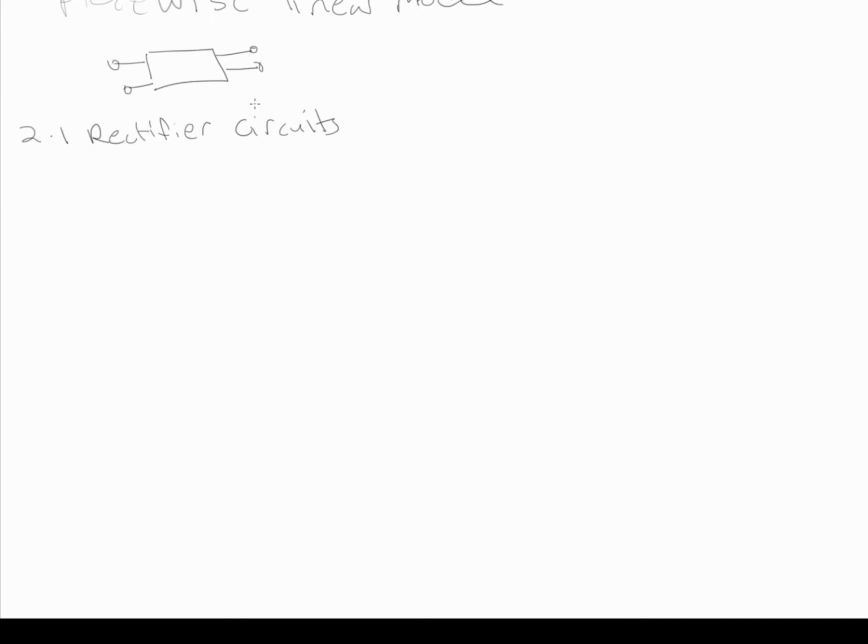And they go into a generic power supply. The first part of a power supply is the transformer, so I'm just going to put something like this as my transformer.